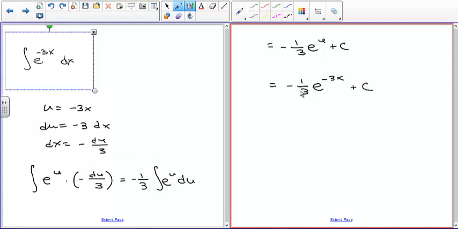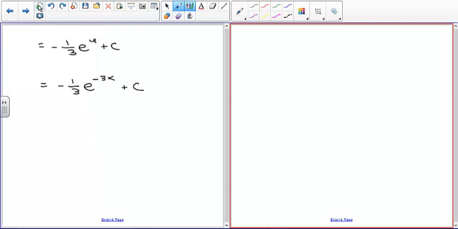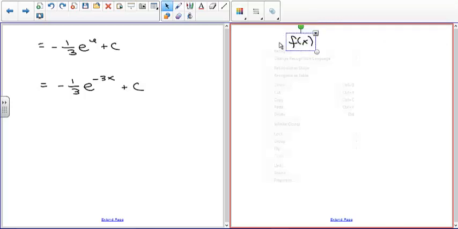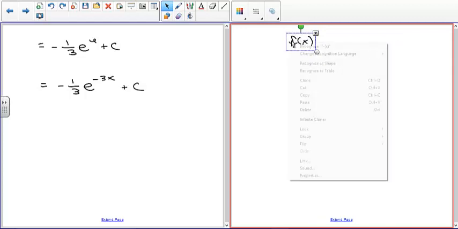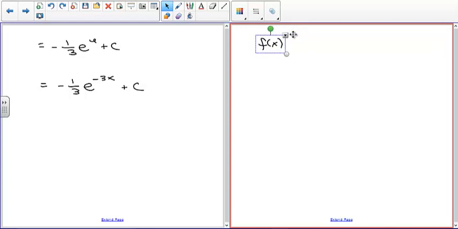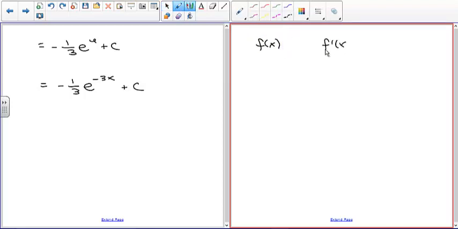So your answer is negative 1/3 e to the minus 3x plus c. Now I'm just going to set up a little table here. So this is f of x, and we're going to have 3 columns: f of x, f prime of x, the integral of f of x dx.